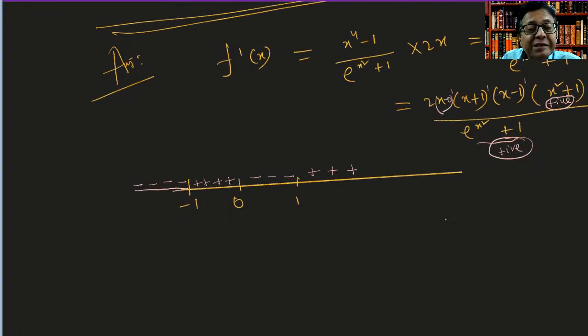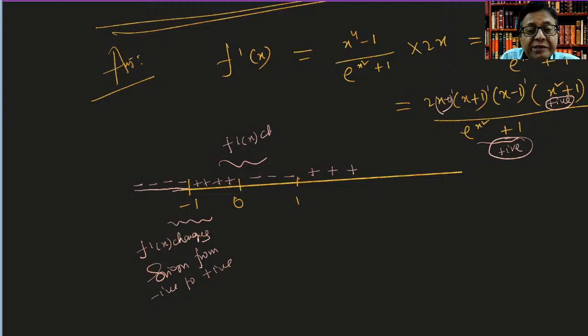If f dash x changes sign from where to where? Negative to positive. If f dash x changes sign from negative to positive. Here at this point what happens?